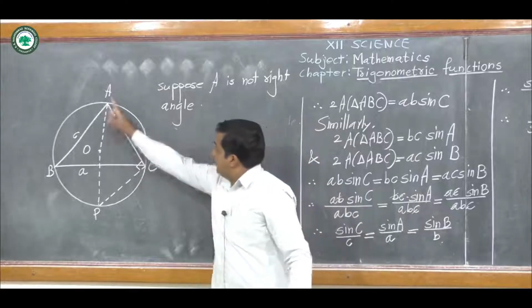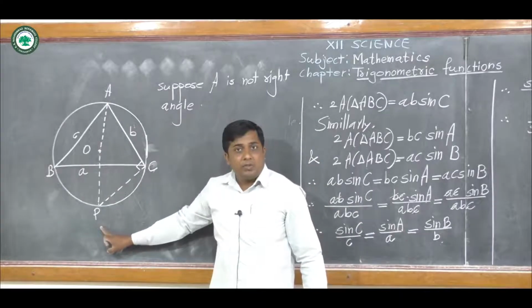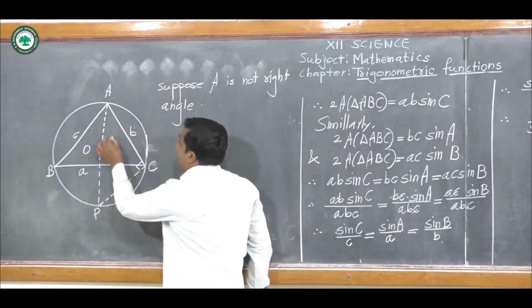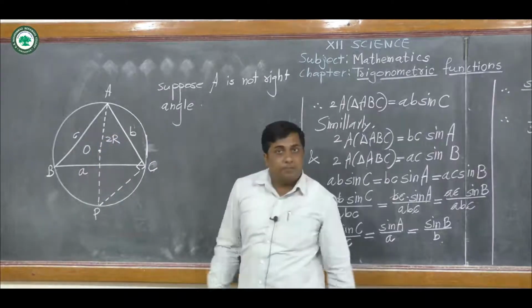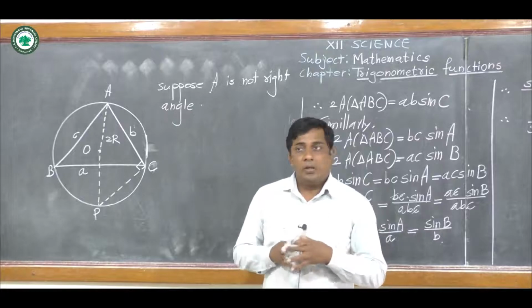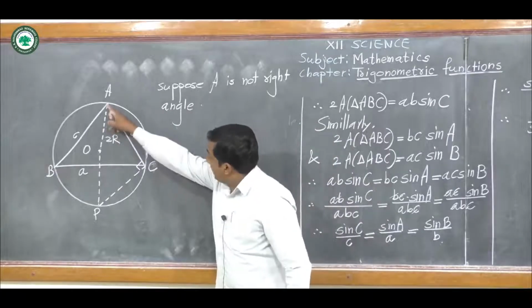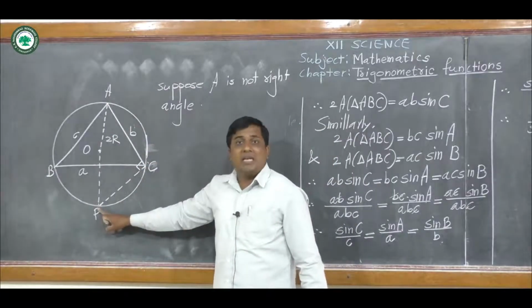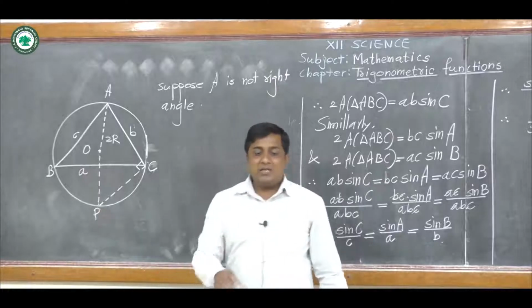Now this AP is the diameter, so we consider twice R for this diameter. Now everyone knows this ACP is a right angle triangle.